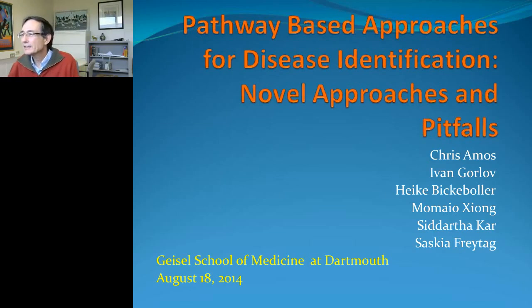Before we get started, I thought I would just mention as an example an application of a pathway-based approach, which was recently published, and I'm going to push this link out to you, which is a Nature paper.